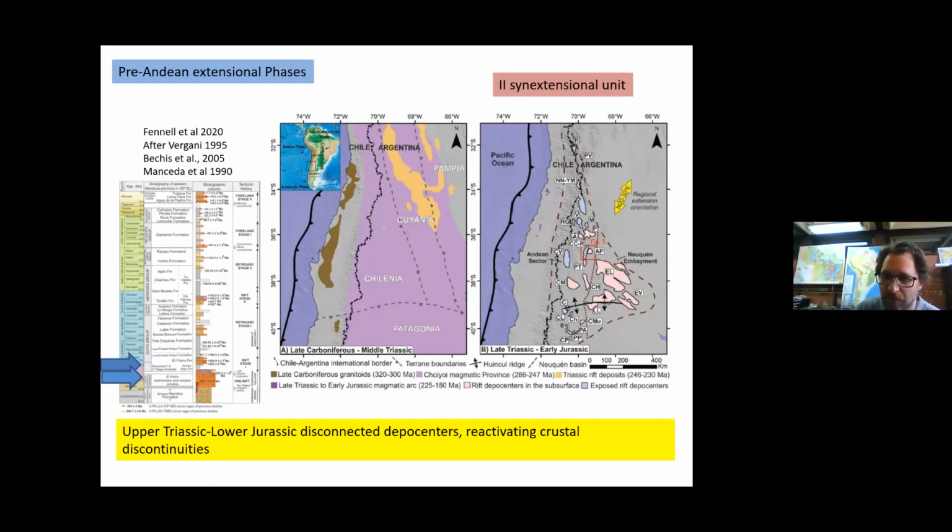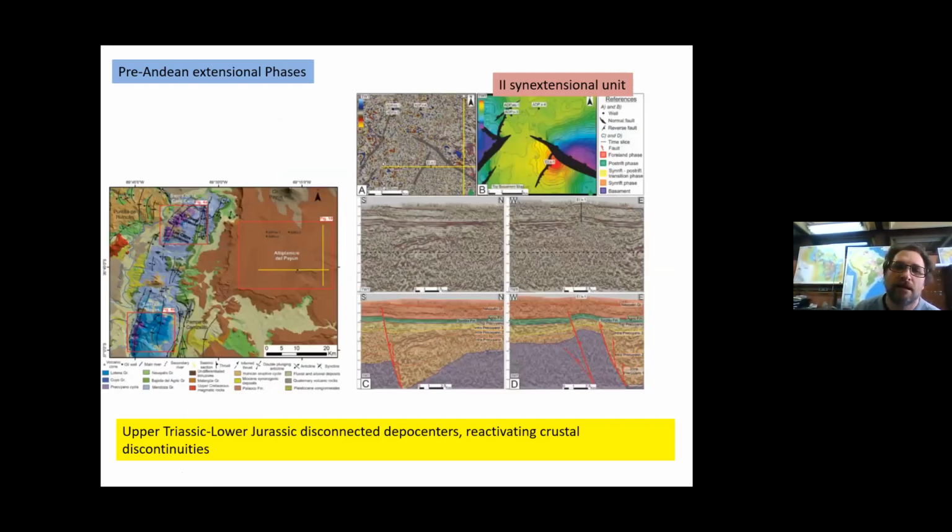So they are interpreted as extensional activations of the main sutures. In seismic lines, you can see that they have an orientation which is west-northwest, or mostly east to west, and those are perpendicular to the main Andean strike.